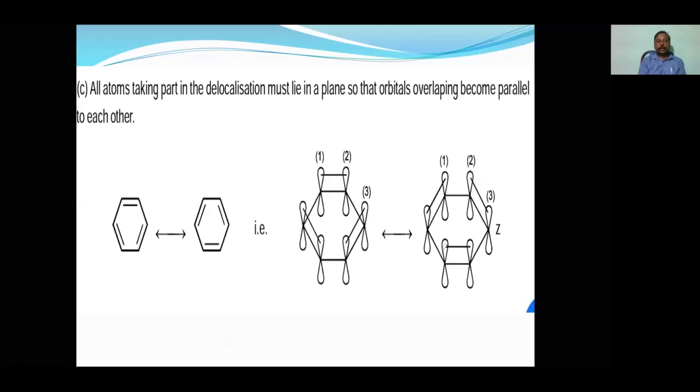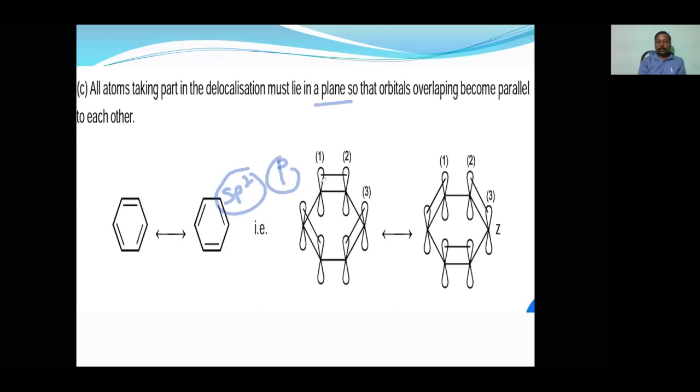Third condition: all atoms taking part in the delocalization must be in a plane, that is, coplanar, so that the orbitals are parallel. See here, all carbons are sp2 hybridized. Once sp2 hybridized, the remaining p orbital will be perpendicular to the plane where the carbon and remaining hydrogens are attached.